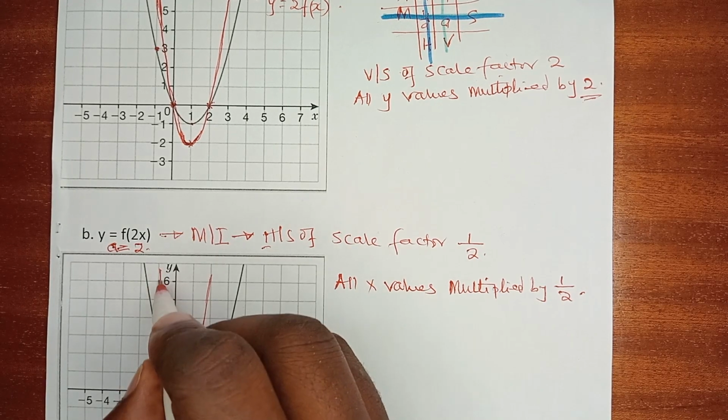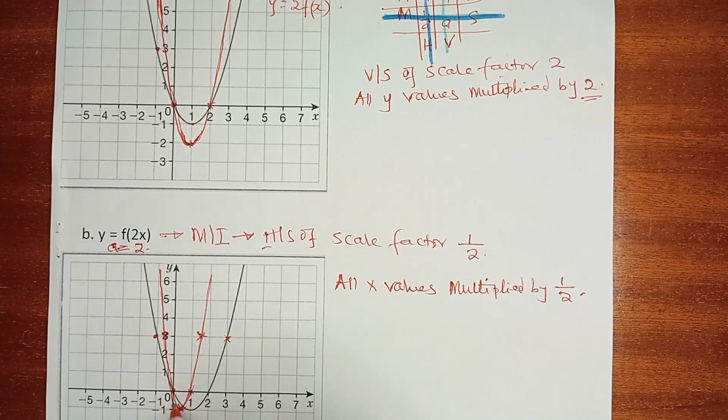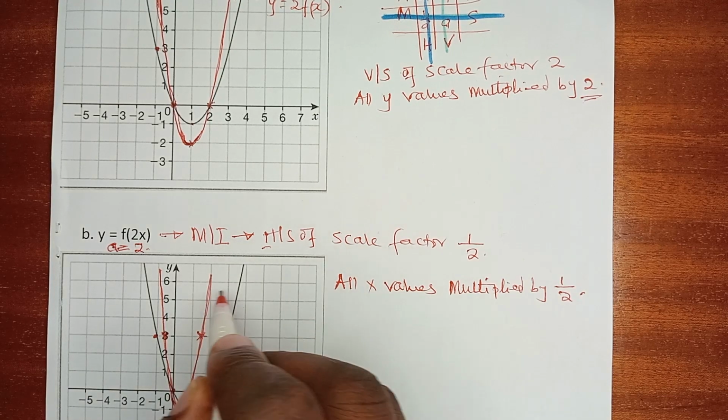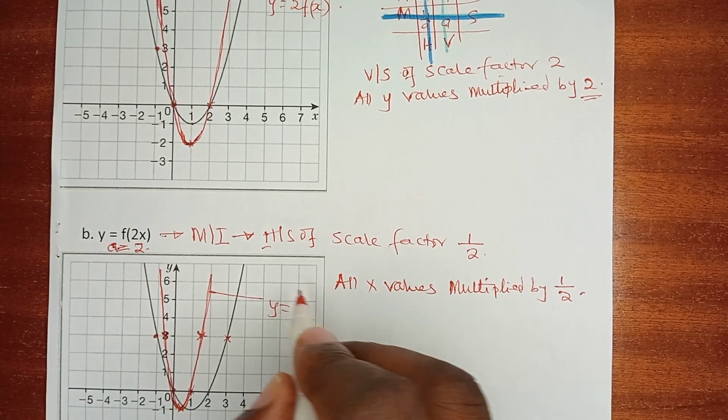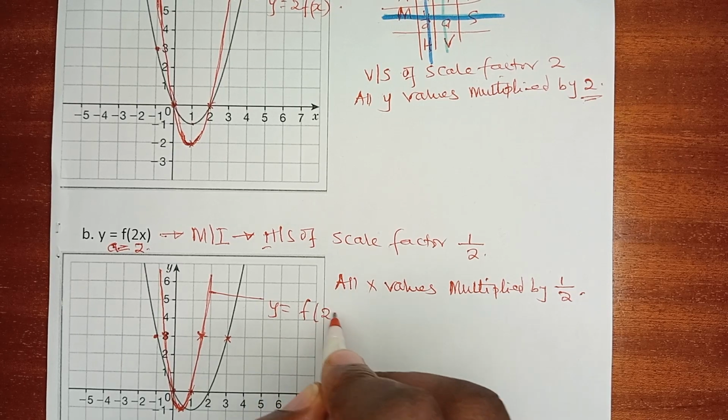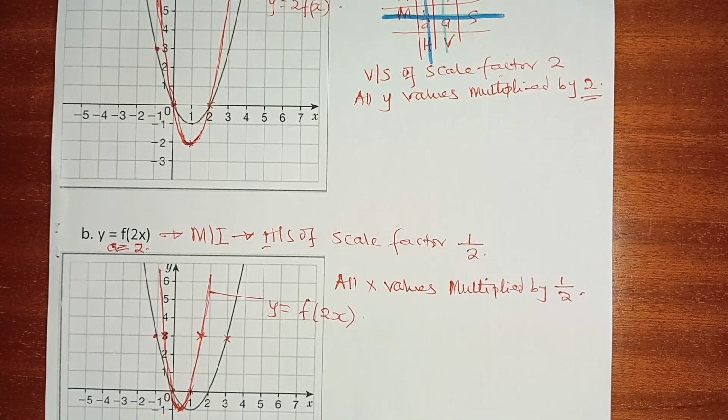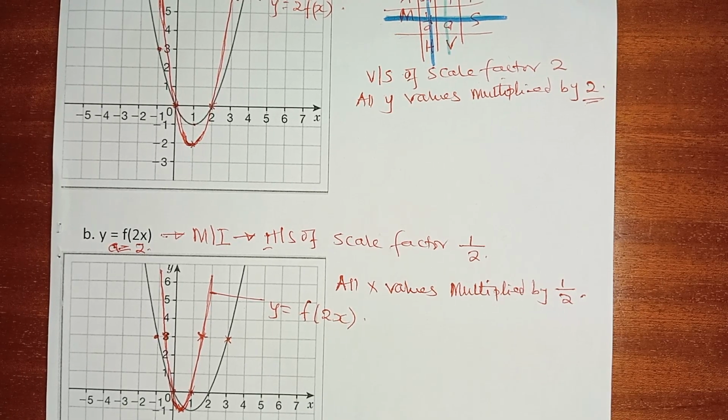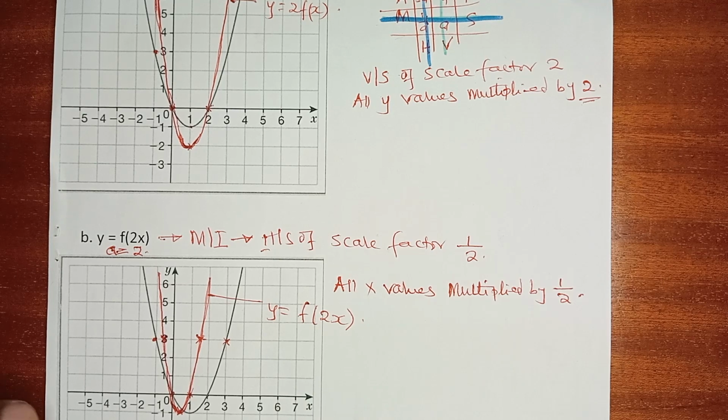So this is now the graph of y equals f(2x), all x values times a half. And that is just what it is as far as that question is concerned.